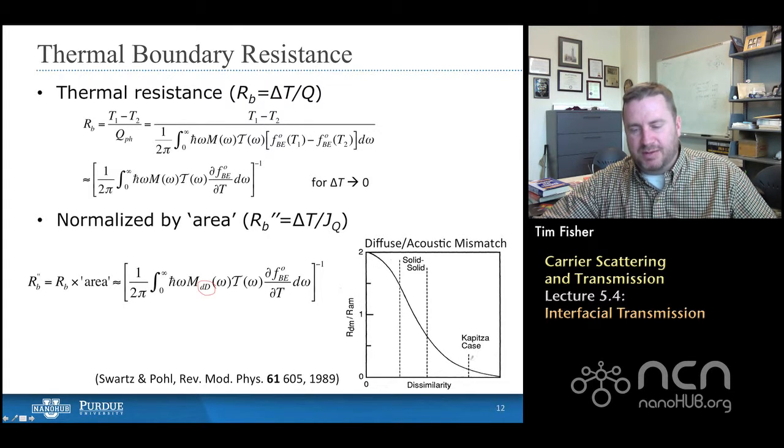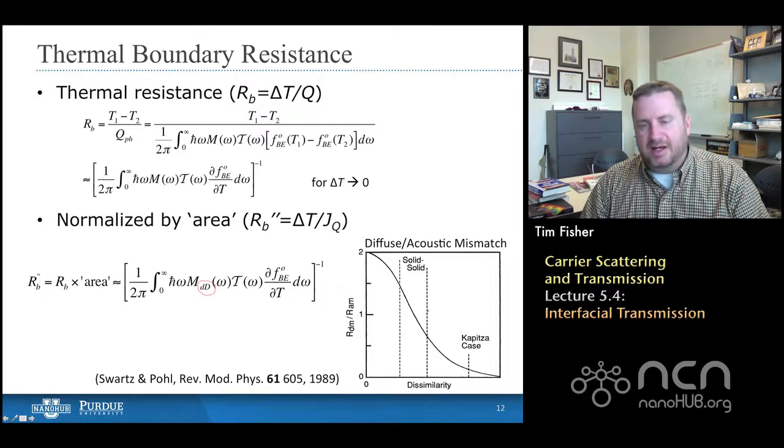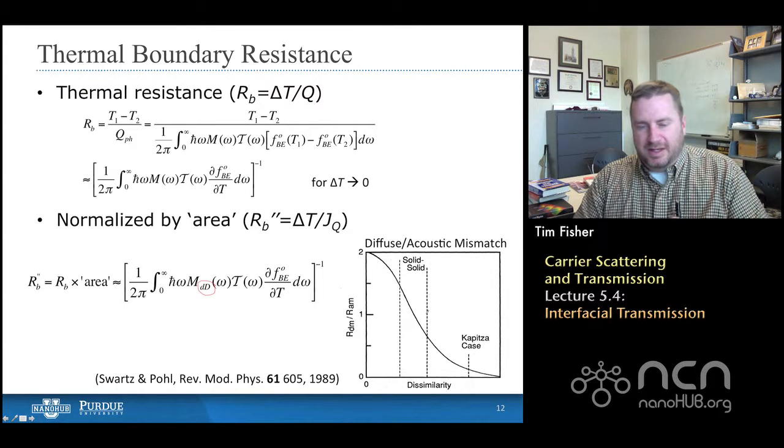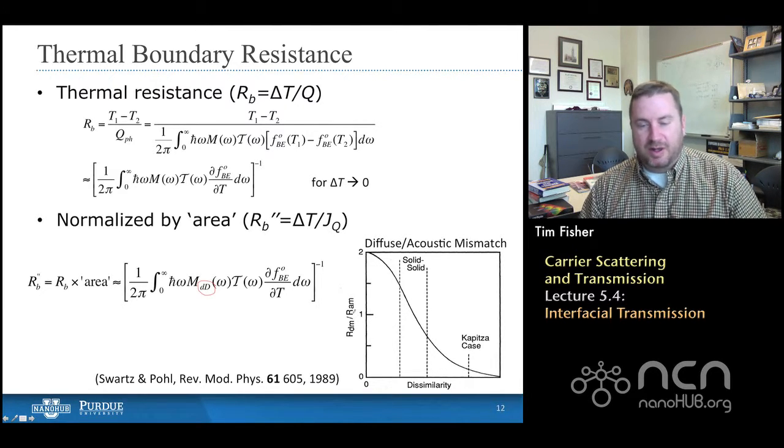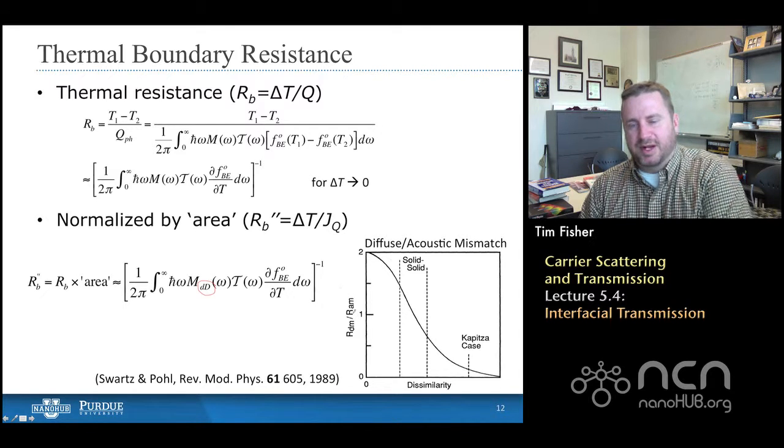The acoustic mismatch model is the one that one would typically use. For solid-solid interfaces, those are typically moderately dissimilar, and so the ratio of diffuse mismatch and acoustic mismatch resistances will be close to 1. Again, there's a pretty big range here.